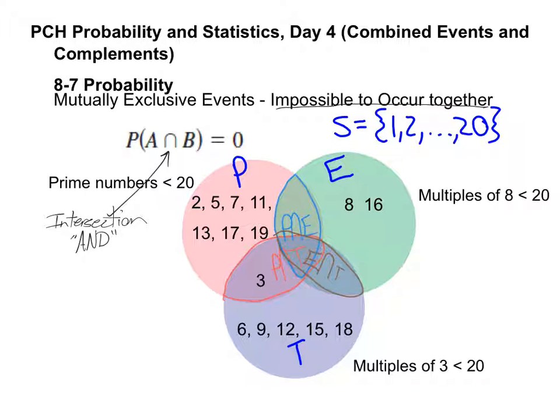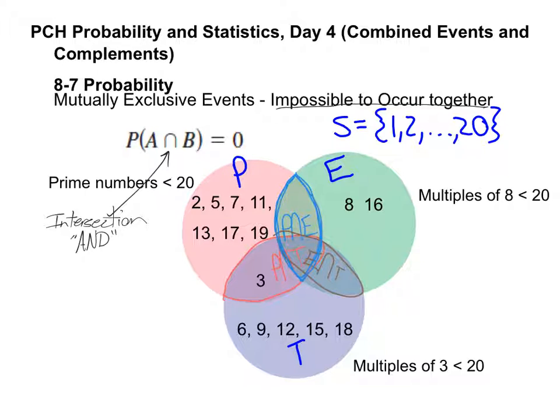It's impossible for them to occur together. Looking at our Venn diagram, what are 2 sets that you would say are mutually exclusive? The prime numbers and the multiples of 8 are mutually exclusive. Notice in the Venn diagram, that part is empty.